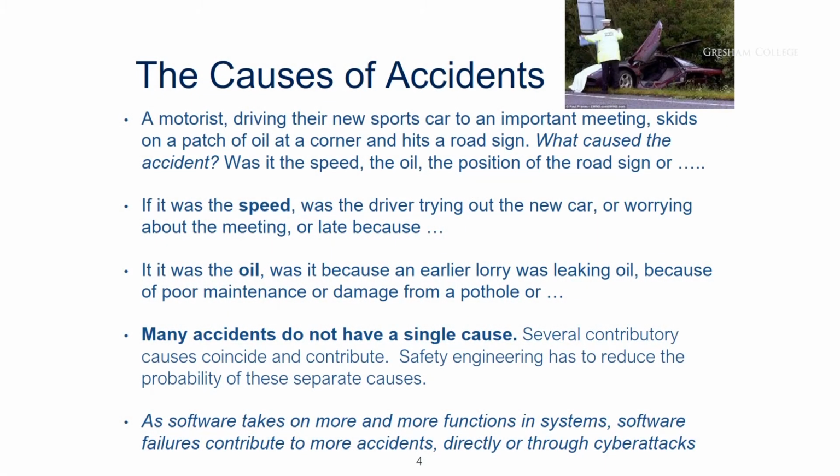Software is taking more and more of the responsibilities that previously perhaps would have been taken by humans. And under these circumstances, a lot of these issues of what is the cause, what do you need to do in order to reduce the probability of error occurring, end up embedded in the software and become the province of the software engineer and the systems engineer of the system that contains software.